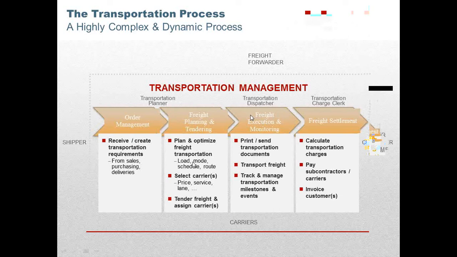So as discussed, we can have the four major processes: your order management, planning and tendering, execution and monitoring, and settlement. Along with this, we also have analytics and reporting.